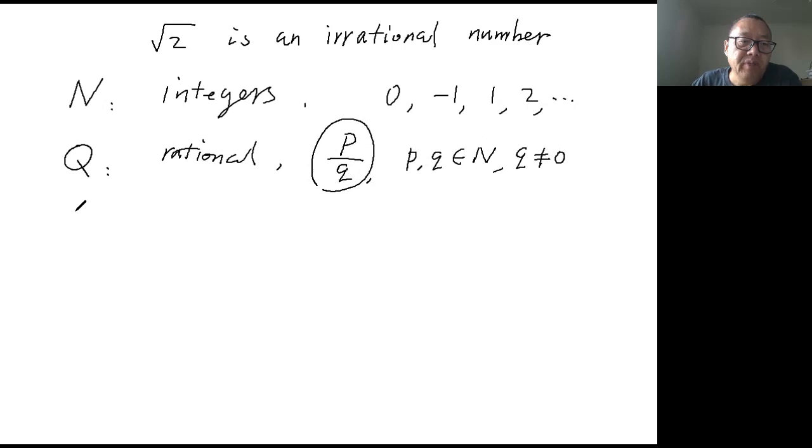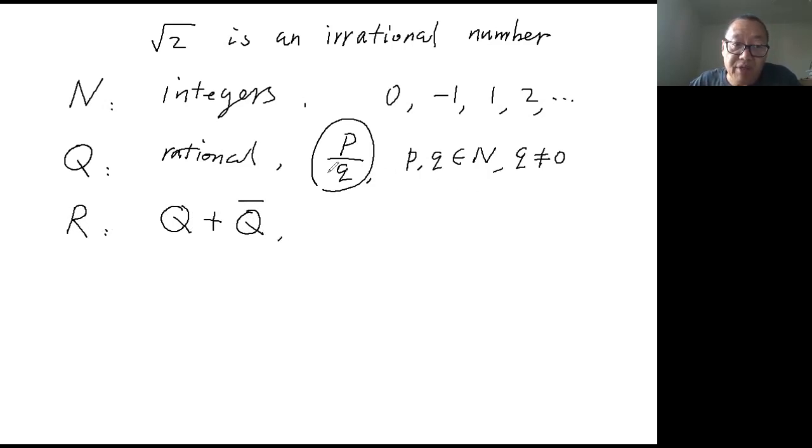Then later we learn the real numbers. In math, we use capital R to represent real numbers. Real numbers are rational numbers plus all irrational numbers. So what are irrational numbers?